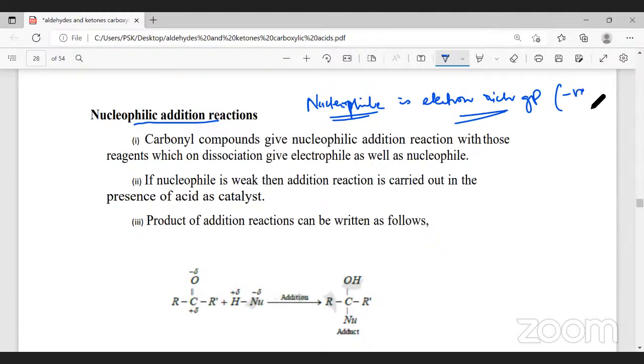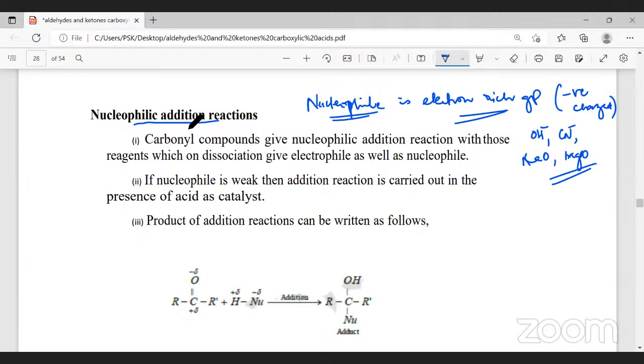Generally, negatively charged particles can be called nucleophiles, like hydroxide ion, OH minus, and cyanide ion, CN minus. And we have some neutral nucleophiles also, for example calcium oxide, magnesium oxide. These are called neutral nucleophiles. So electron-rich groups are called nucleophiles.